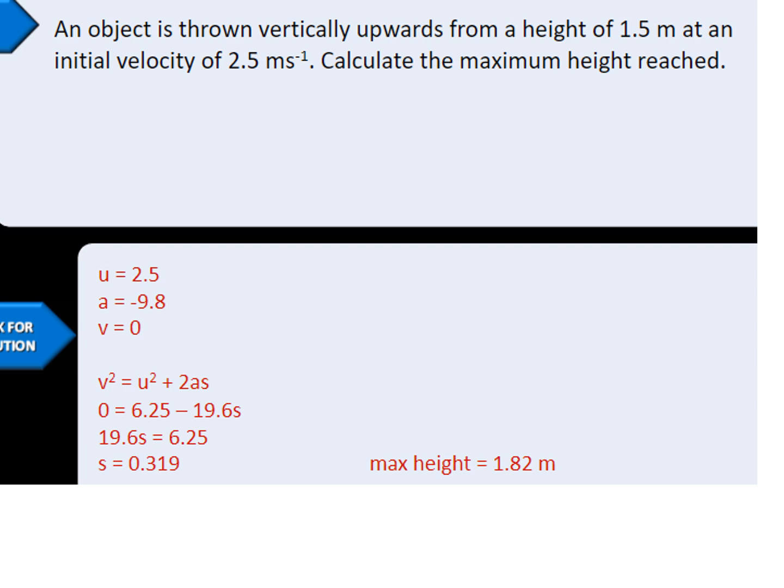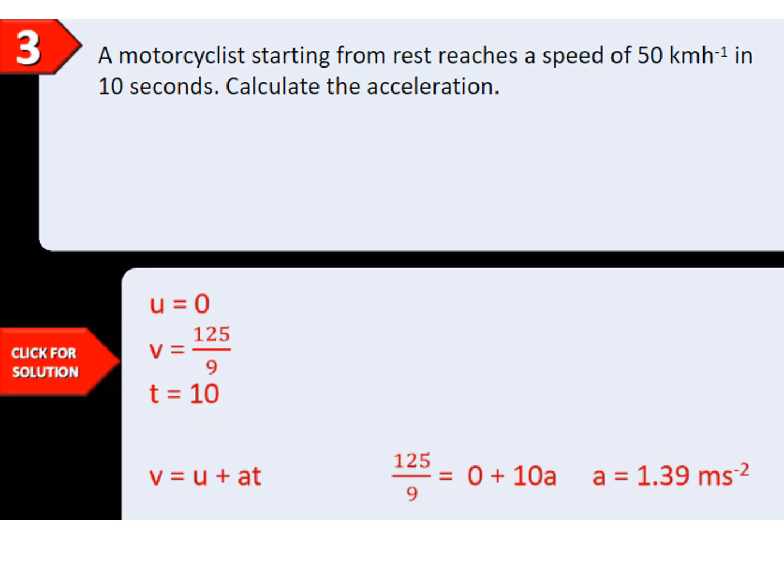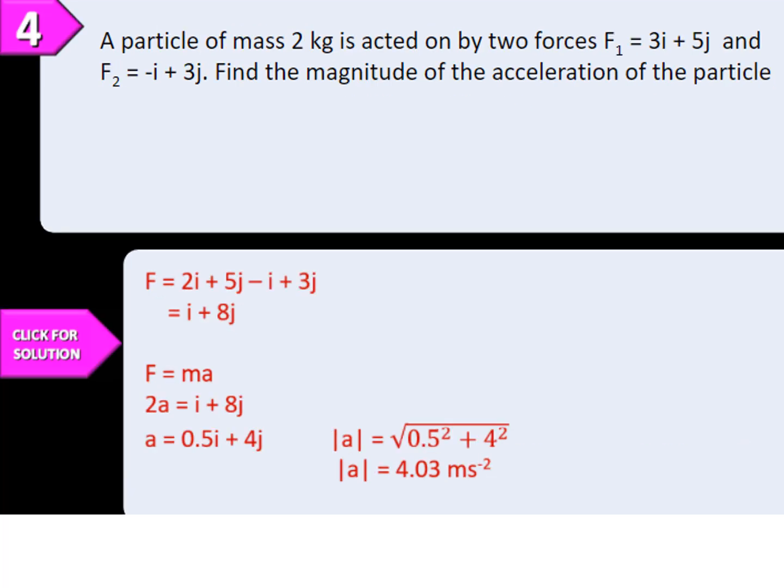Maximum height, that's when the velocity is 0 because it stops momentarily. Number 3, and number 4, that was the vector form one, also using Newton's second law, F equals ma.